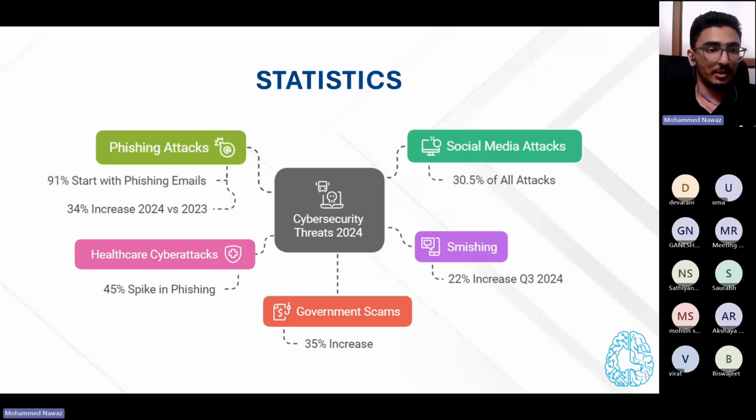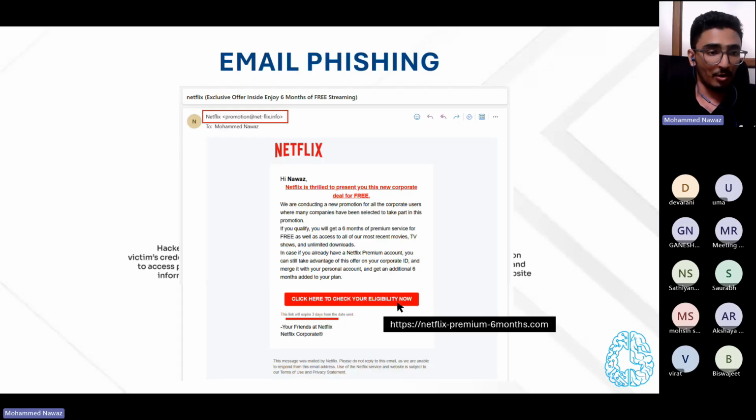So now let's see email phishing, the first and most common attack, which is often targeted at business owners and colleagues of any company. This is a classic form where the attacker sends a fake email to steal your personal information. Here is how it works: the attacker sends a phishing email to a target. It can appear to be from a trusted source like a bank, colleagues, or a popular service.